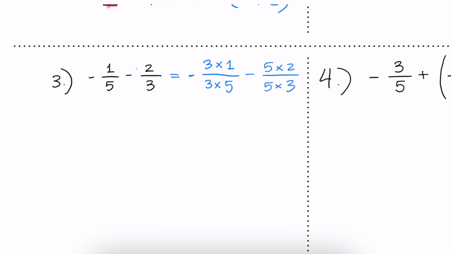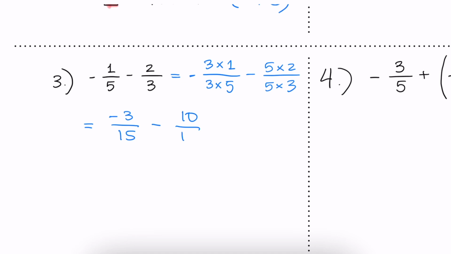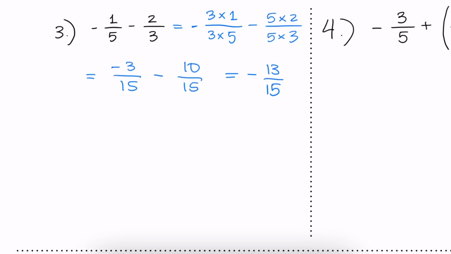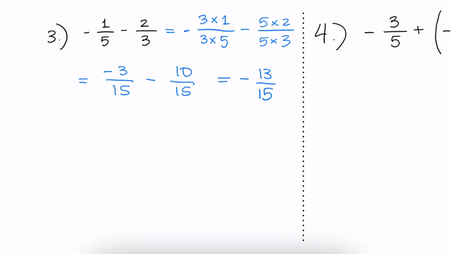So 5 times 2, 1 times 3, adding those two together, and then multiplying these. So this will give you -3 over 15 minus 5 times 2 is 10 over 15, which is -13 over 15.